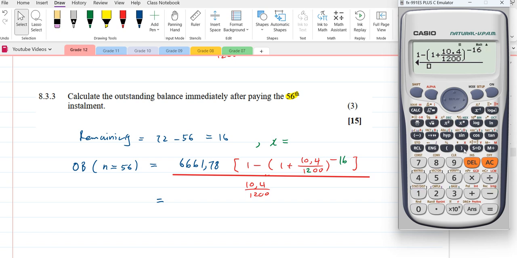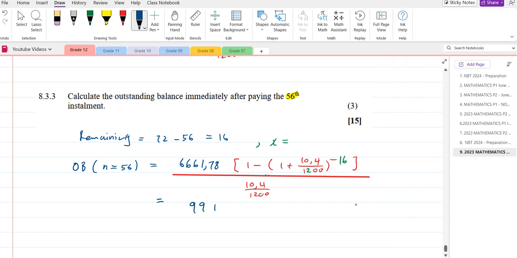Make sure you close the bracket there. Divided by 10.4 over 1200. Right, so the outstanding balance is 99,128.52. That's the outstanding balance amount.